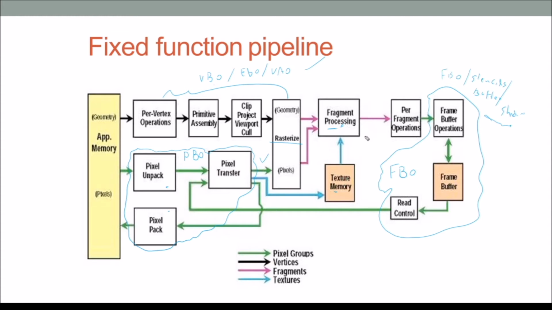And okay, the texture memory is what we have RGB values, right? It's passing RGB values. And then we come to the frame buffer objects later on, and we talk about that in another lecture, right? So this is the actual way of flowing things, right?